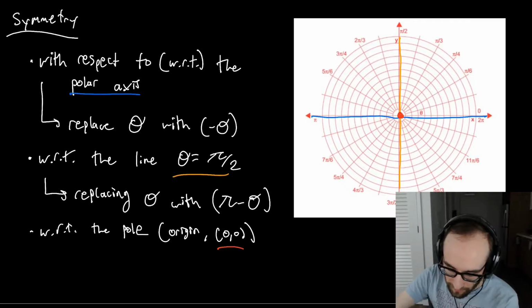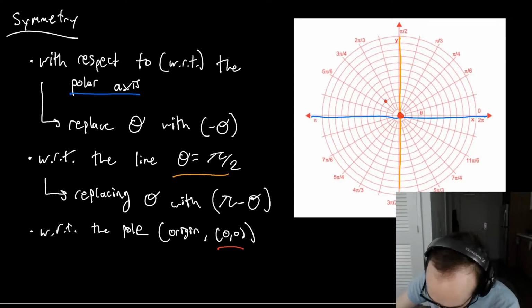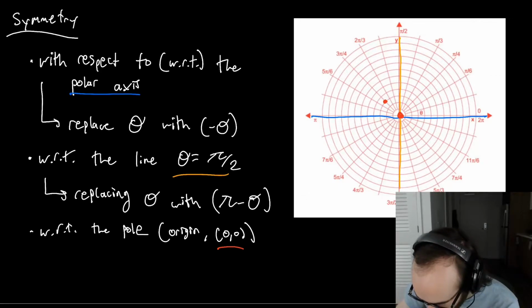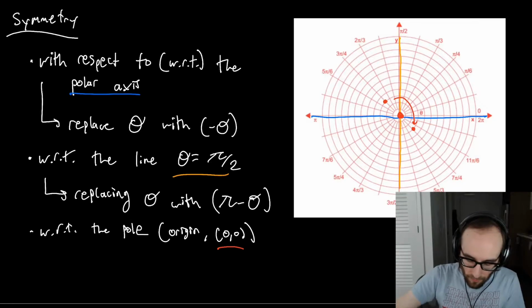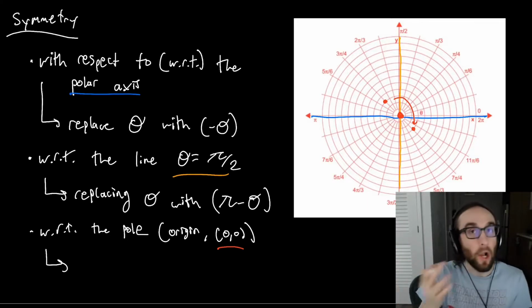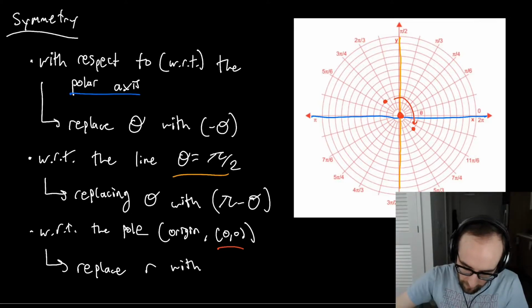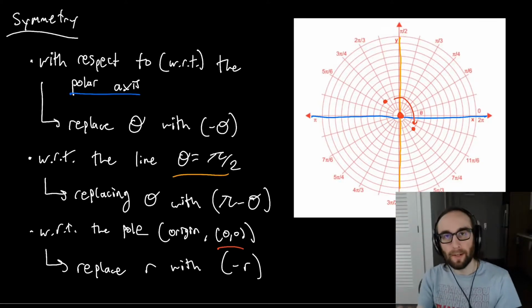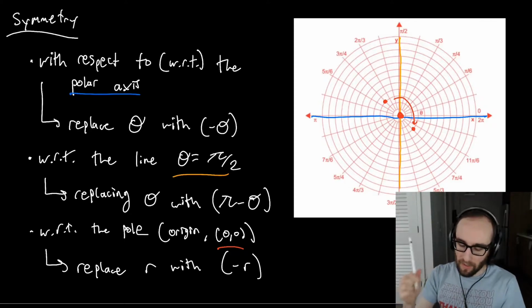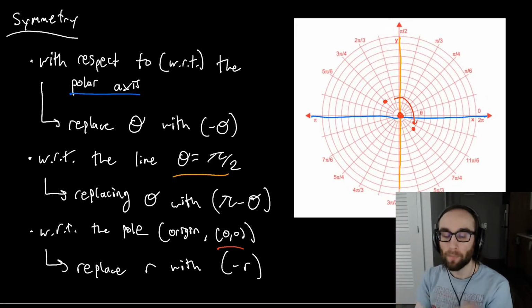For example, if we took a point up here and flipped it across the pole, we would just flip to the exact opposite side, the same distance away from the pole. We can tell if an equation is symmetric across the pole by taking a look at the r values. If we can replace r with negative r, so the same angle but the distance goes in the opposite direction, and it matches up exactly, then it's symmetric across the pole.